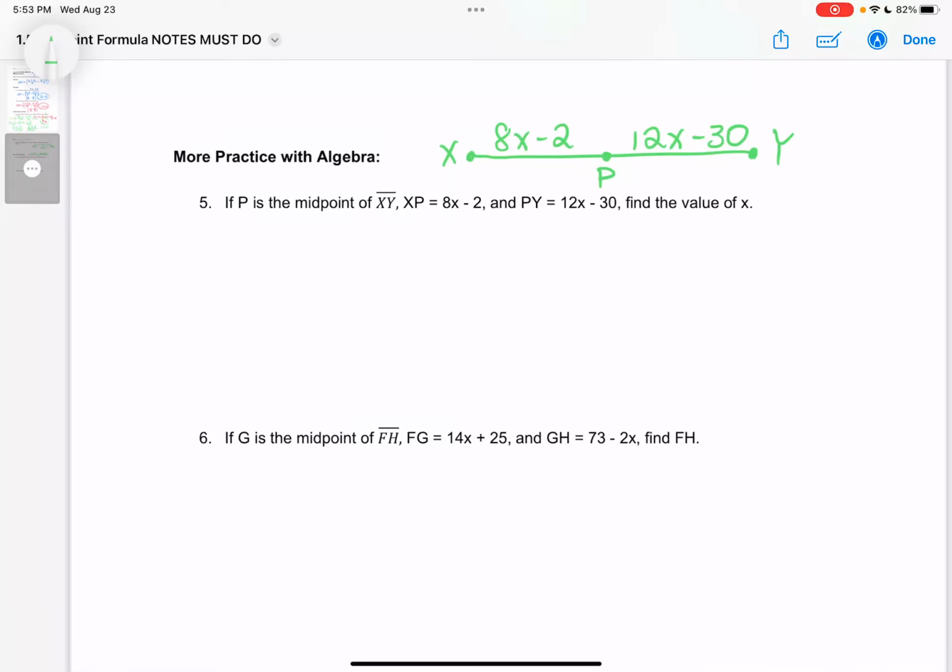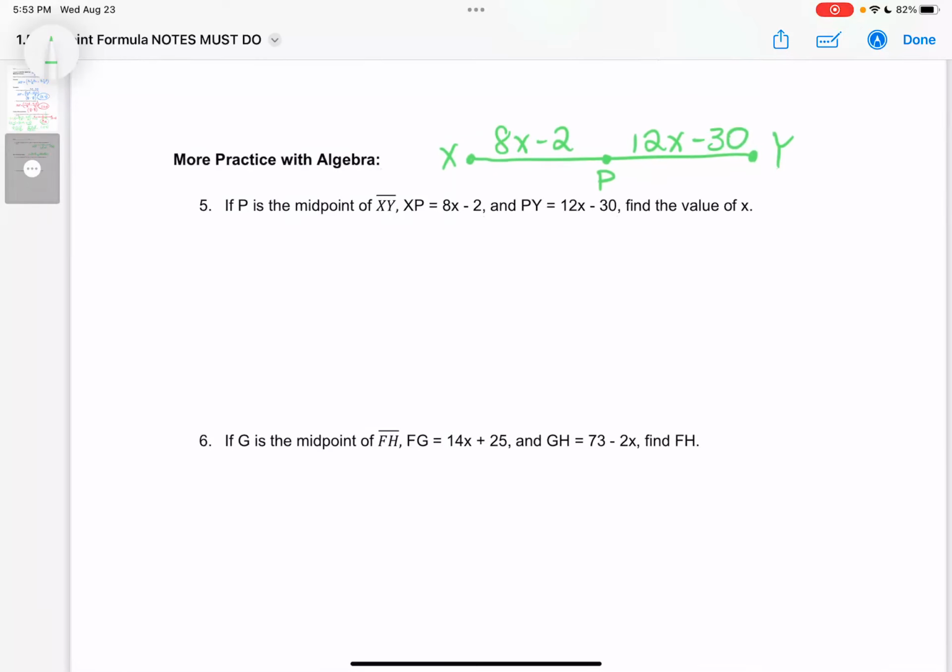Okay, so if this is a midpoint right here, these two sides are congruent. So we say 8x minus 2 equals 12x minus 30. Then I've got my equal sign right here in the middle. So I can't simplify anything on the left or the right. I can just now try to solve the equation by getting the x's on the same side.